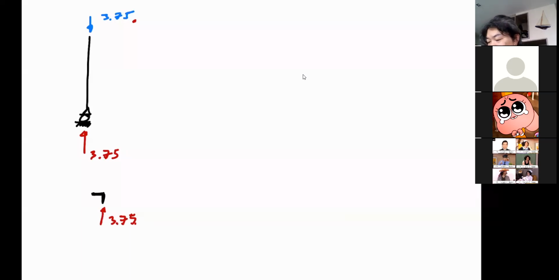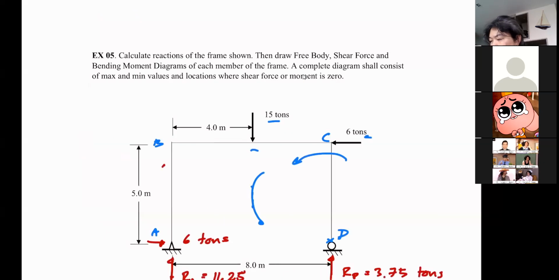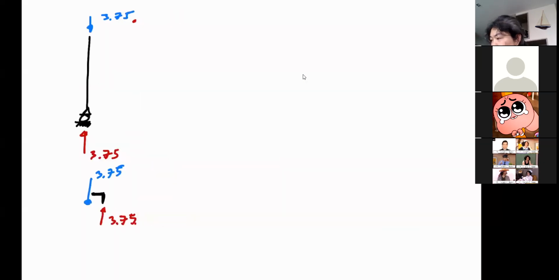But from this, I also know that this better be 3.75, correct? But wait a minute, this is the joint where we have the external load applied, which is 6 tons. So you better include this 6 ton in the free body diagram. Forgive me for not promptly writing the unit. So from this free body diagram, you also must know that this is going to be 6.